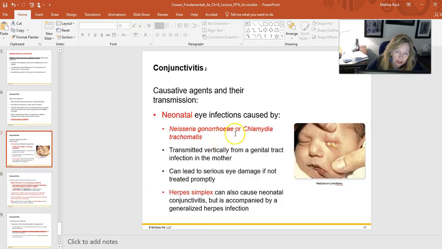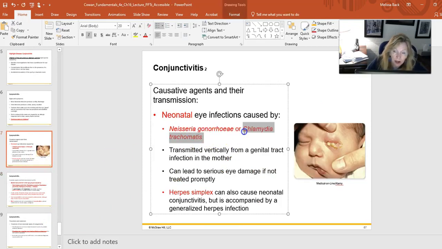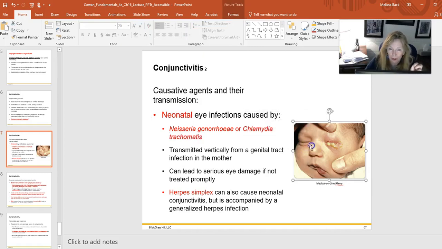In the world today, and not in developed countries, but still in the world today, the most common cause of blindness is going to be due to Chlamydia trachomatis. That's in developing countries and whatnot. As I said, in developed countries, that drop in each eye of the neonate right after birth has prevented this.